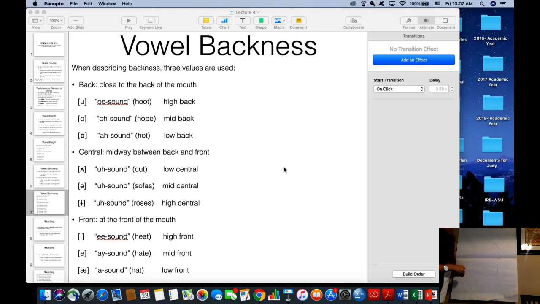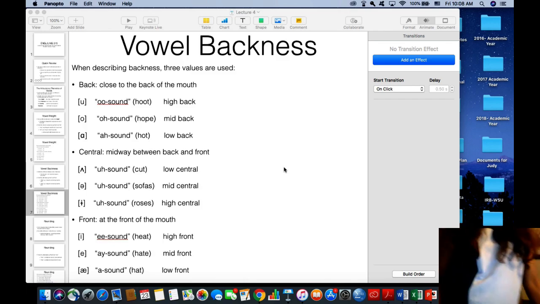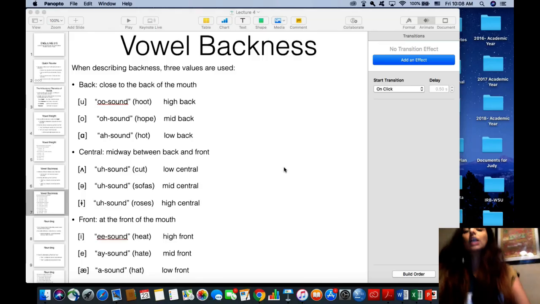So very often students get confused between these three central vowels. And the tip that I give students about when to use which one is that you use the schwa, this middle guy, whenever your vowel is an unstressed vowel. So what do I mean by stressed and unstressed vowels of English?